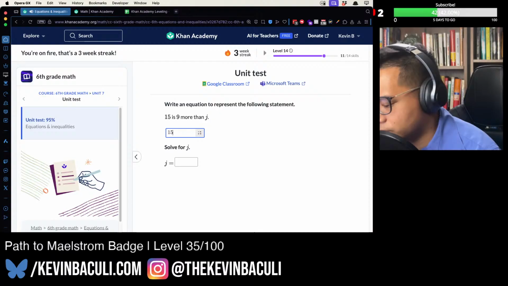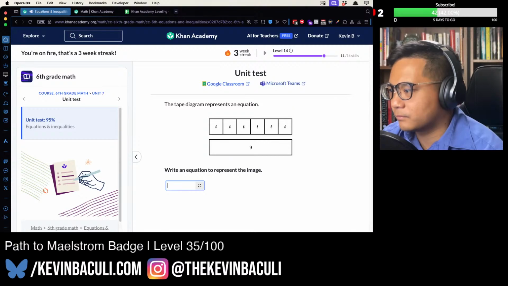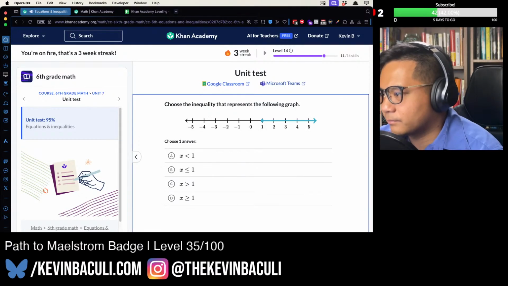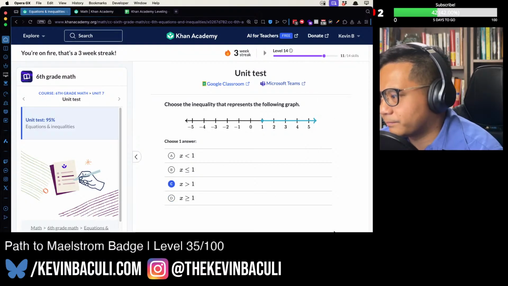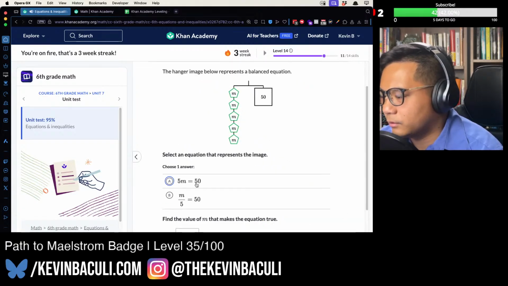$15 is 9 more than J. 6. 9 equals 60. X is greater than 1. Equal to 5.